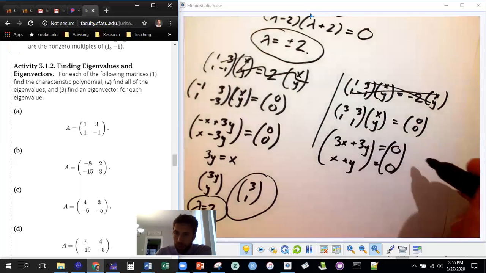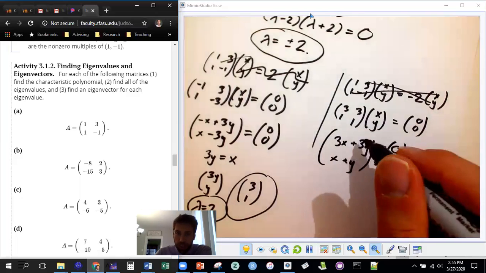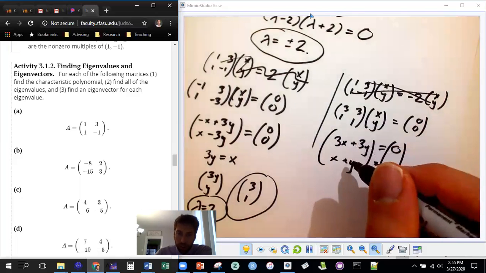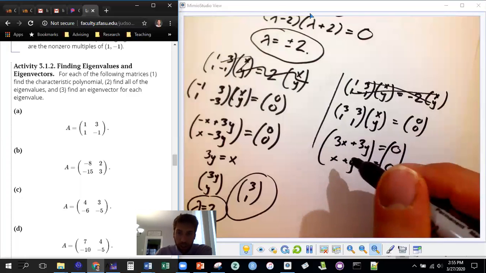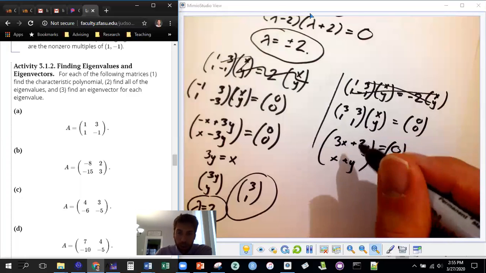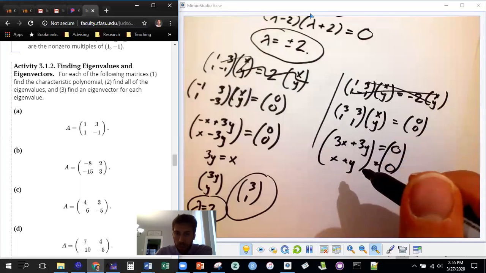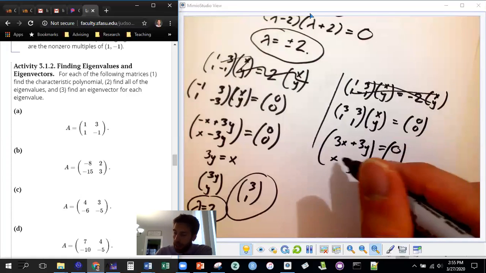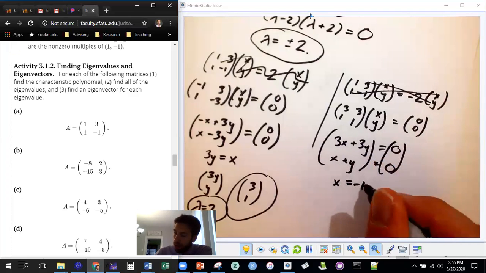So that just means the top is equal to the top and the bottom is equal to the bottom. So this is basically the same equation, just this bottom one's a little simpler. This should always be the case. If you have a correct eigenvalue, you should get basically the same equation here when you're doing this step. Okay. So then let's just do x equals negative y.